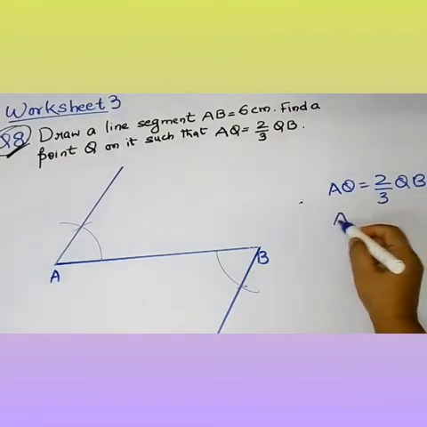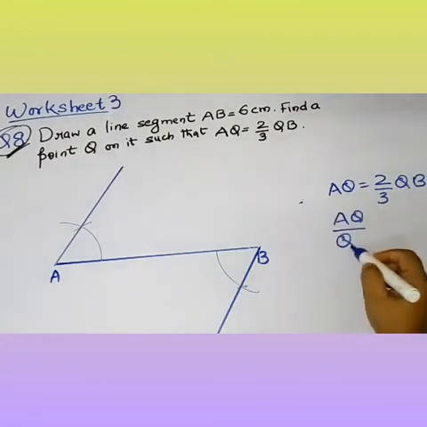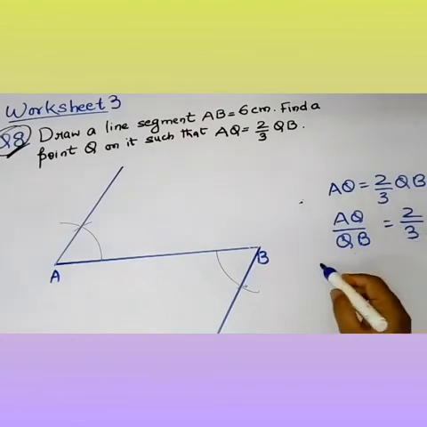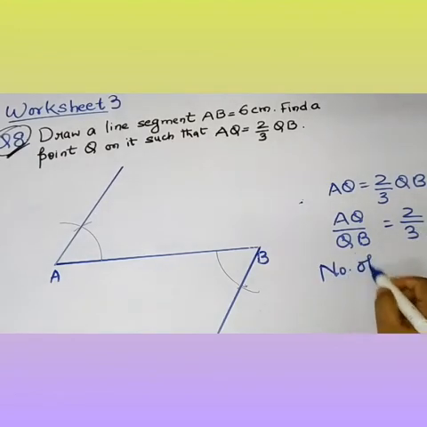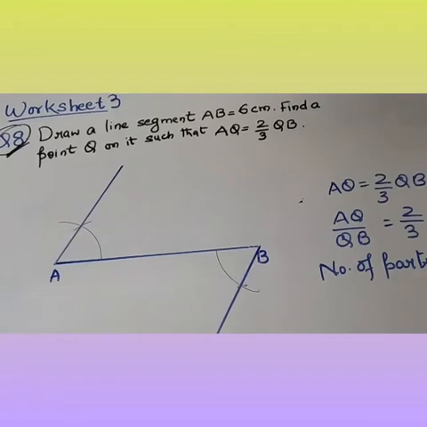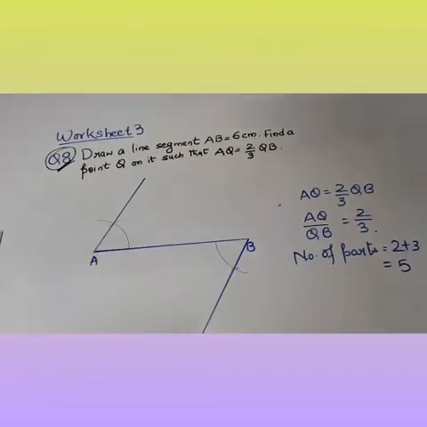That means we can write here AQ by QB is equal to 2 by 3. So the number of parts will be 2 plus 3, that is 5. We will divide this line segment into 5 equal parts.